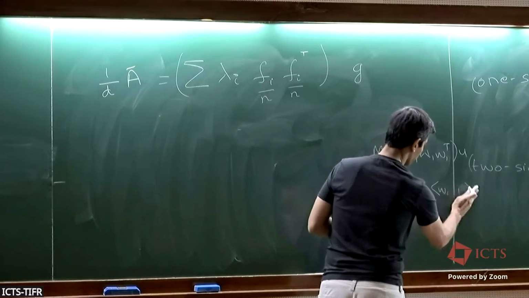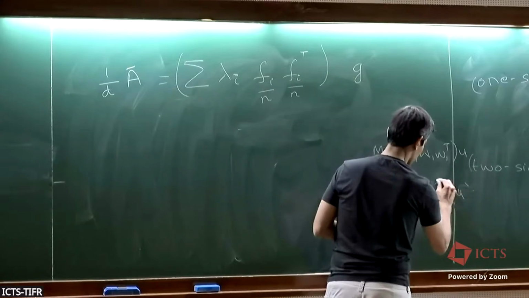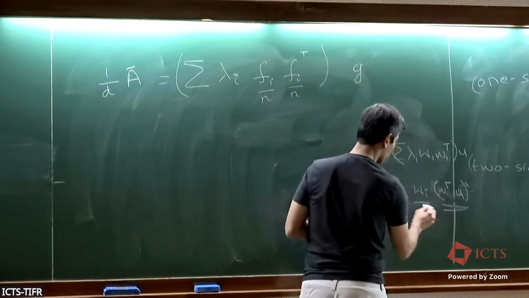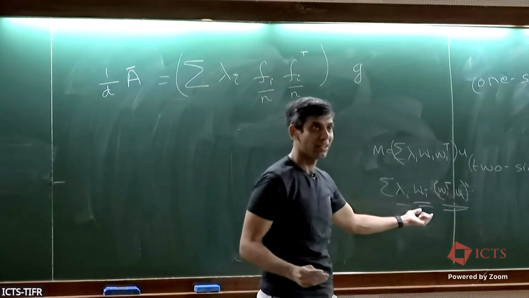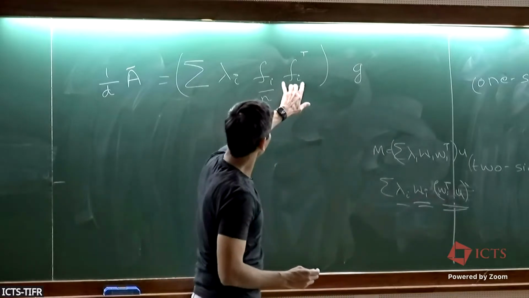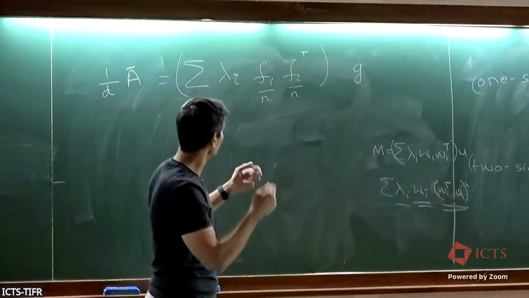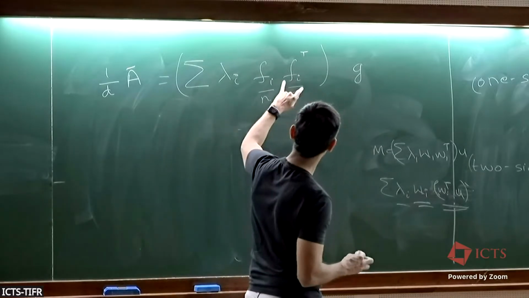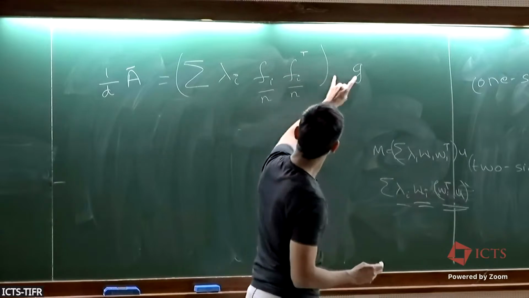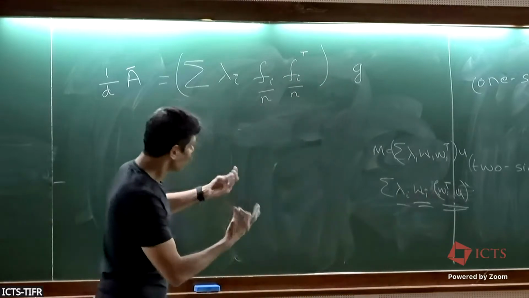The component along Wi will just scale by lambda I. But now the component along Fi is really the inner product of Fi and G, if we are thinking of this space as defining a different inner product. And so that inner product has this factor of n off.